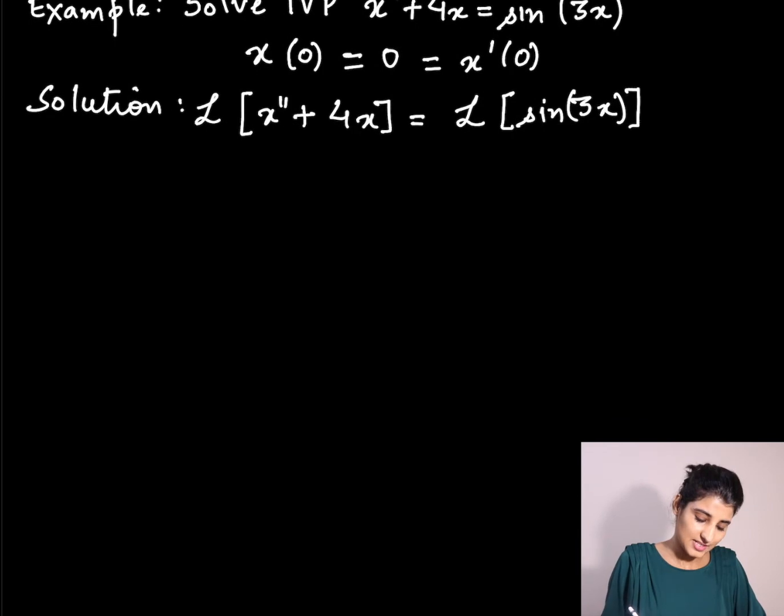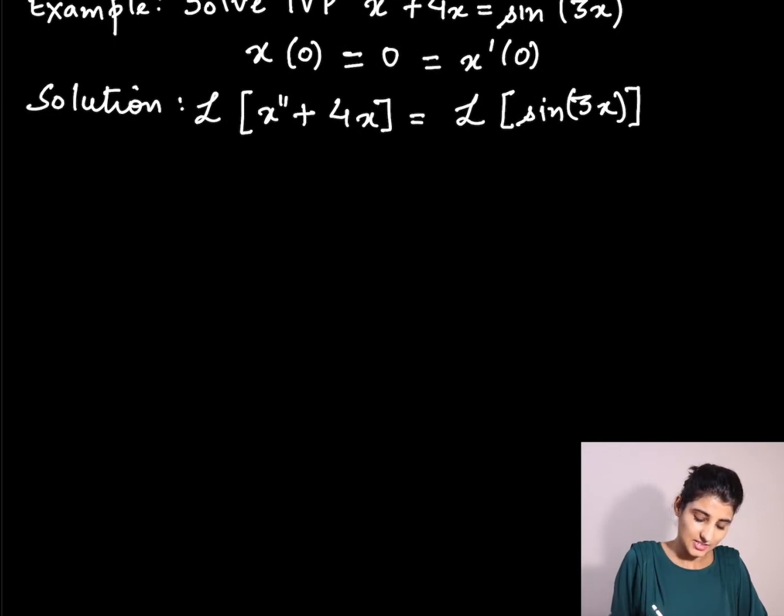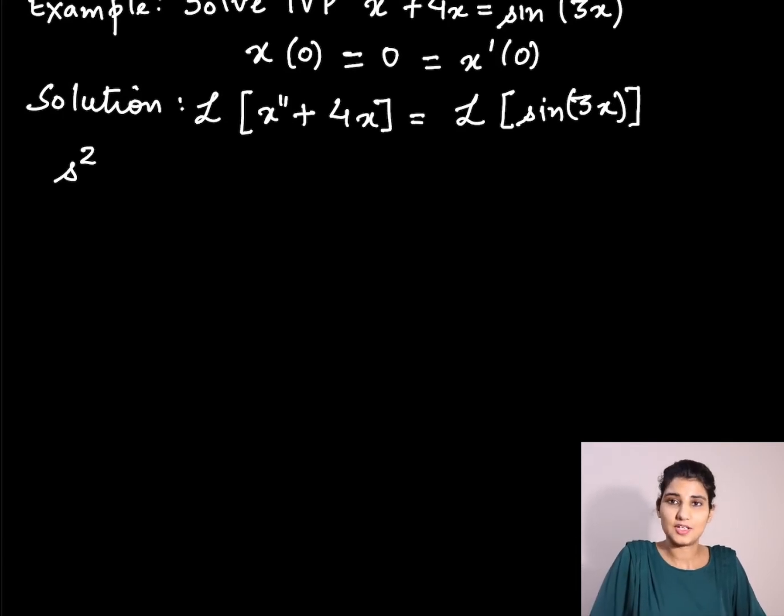Since Laplace is linear, this is equal to Laplace of x double prime, which is s squared. In the properties of Laplace transform, we discussed the differentiation and the derivative.